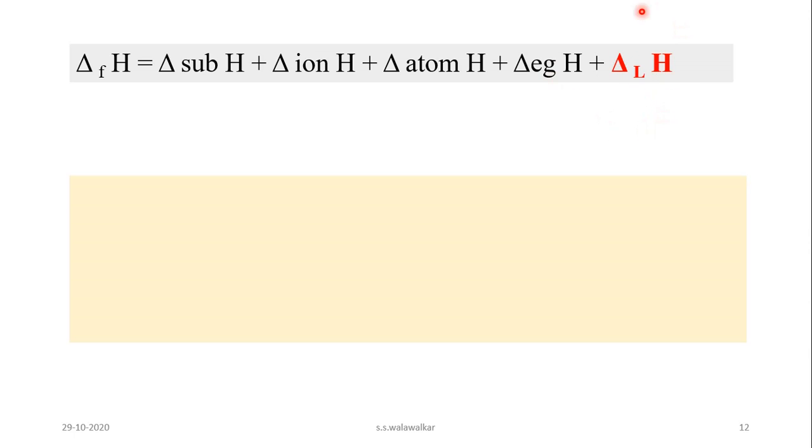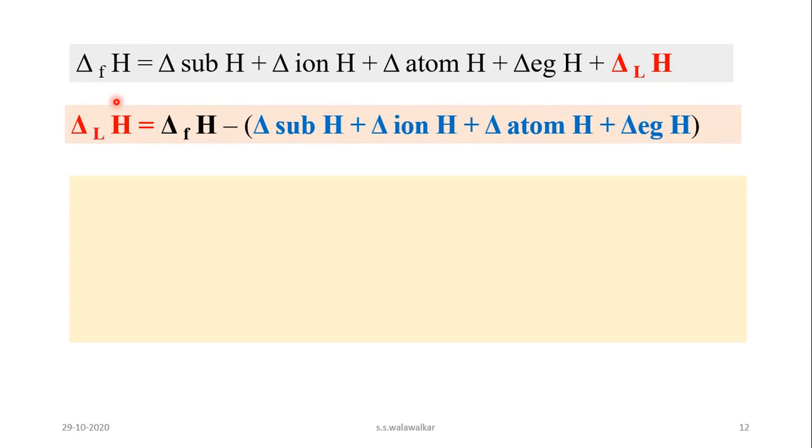And to calculate this crystal lattice enthalpy, you should know the enthalpy of sublimation of sodium, that is, solid sodium to gaseous sodium atom, then enthalpy of ionization, enthalpy of atomization, electron gain enthalpy, and enthalpy of formation of sodium chloride or any other salt, that you must know.